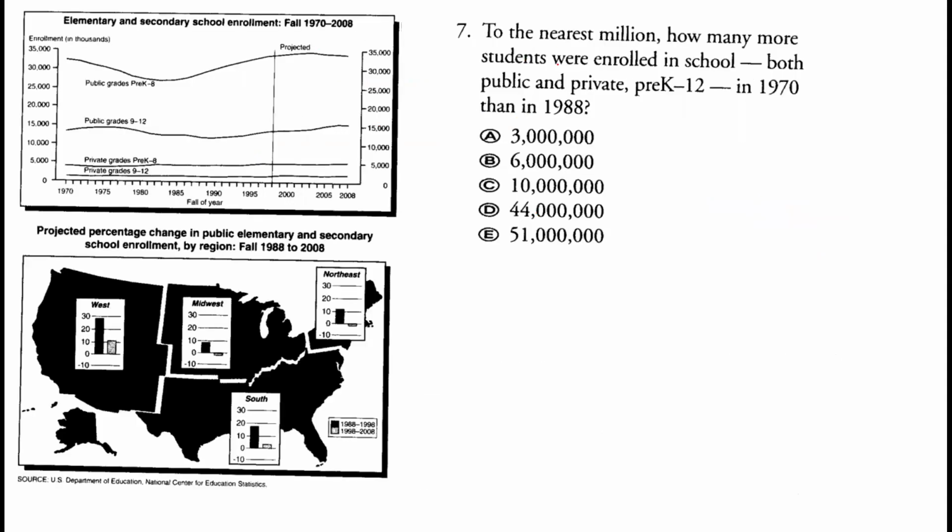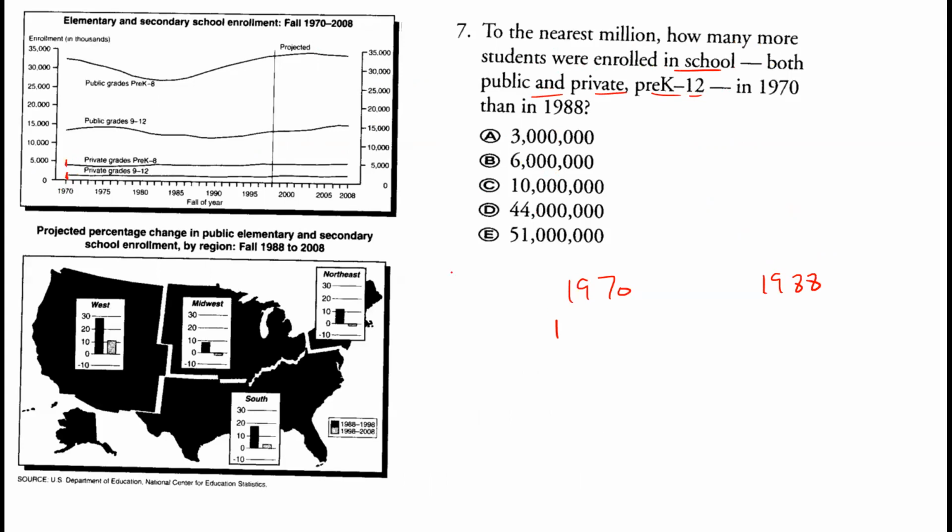Question 7. To the nearest million, how many more students were enrolled in school, both public and private, pre-K through 12, in 1970 than in 1988? So 1970 and 1988. Let's find out. This is 1970 data. Private is 1.